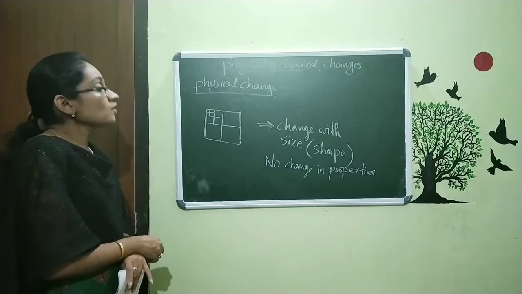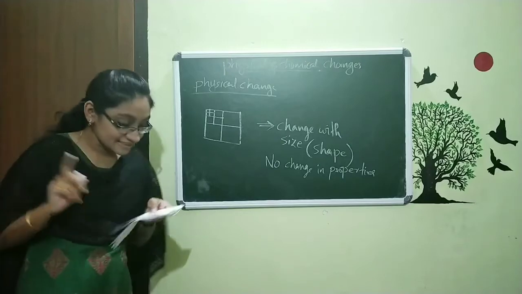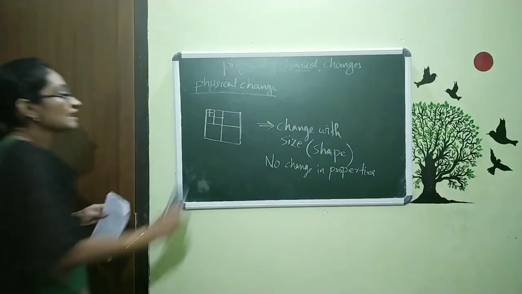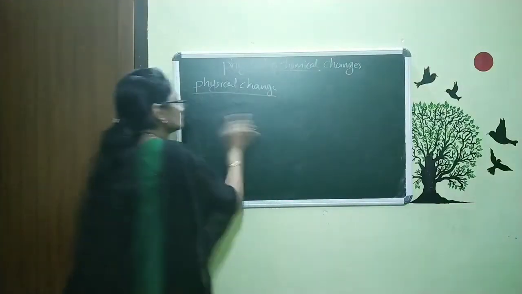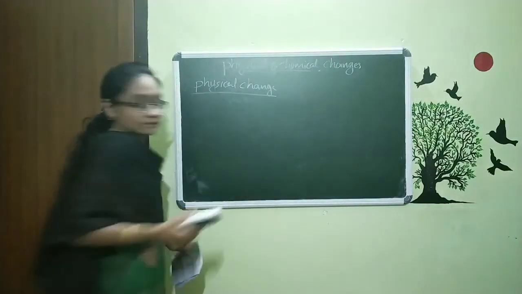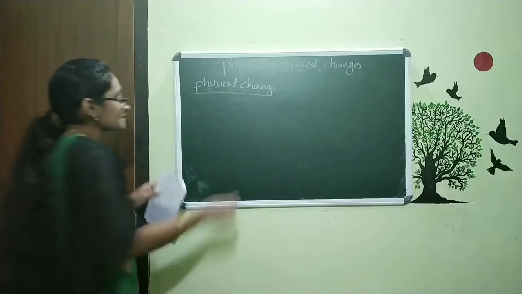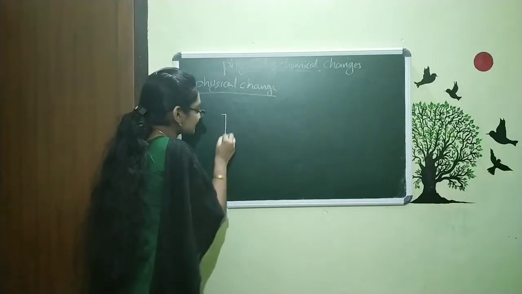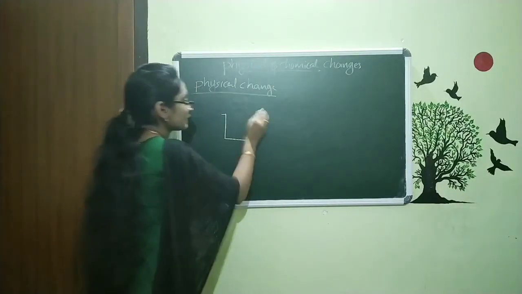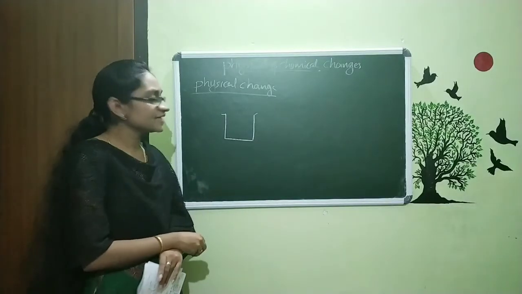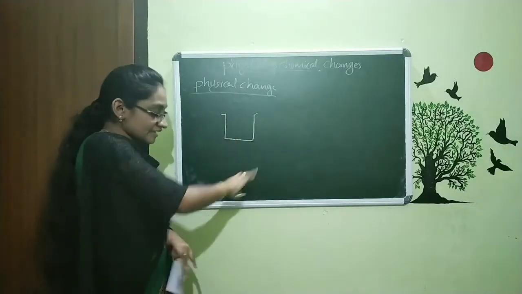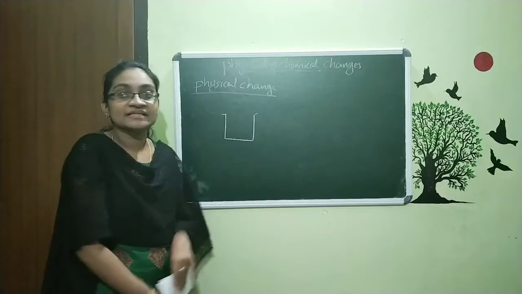Now we are going to discuss the second activity. The activity is this: just collect some chalk powder in a beaker. That means when we are rubbing chalk, a lot of chalk powder is deposited on the floor.